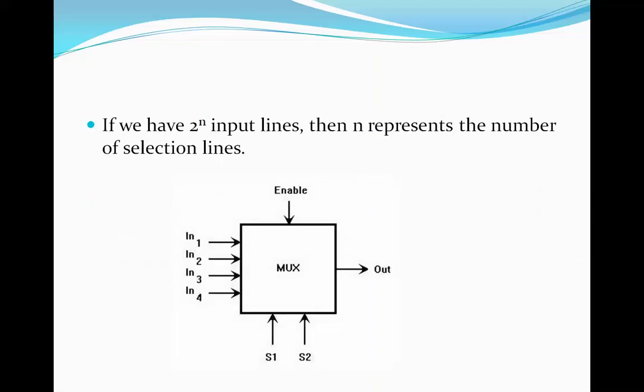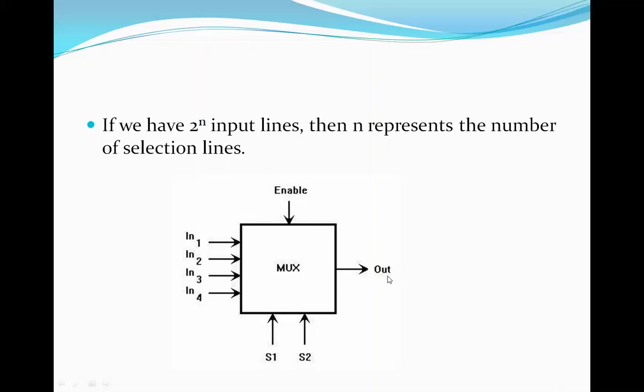See, here is a block diagram of the 4x1 multiplexer. You can see from the diagram that we have 4 input lines, line 1, line 2, line 3 and line 4. So we have 4 inputs and then only one output.